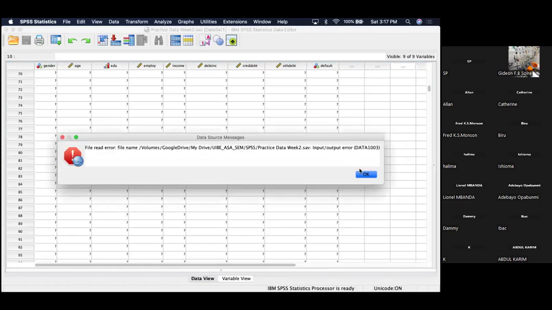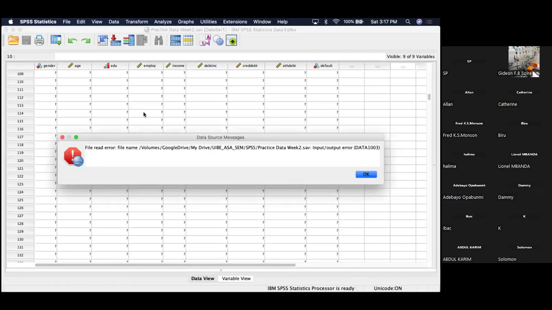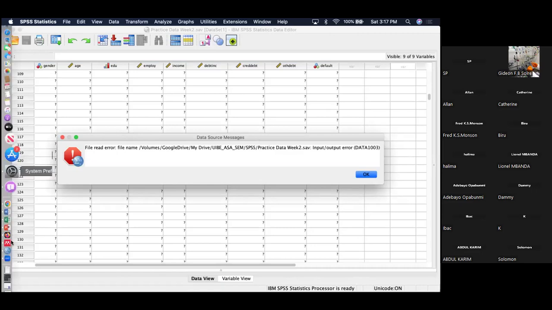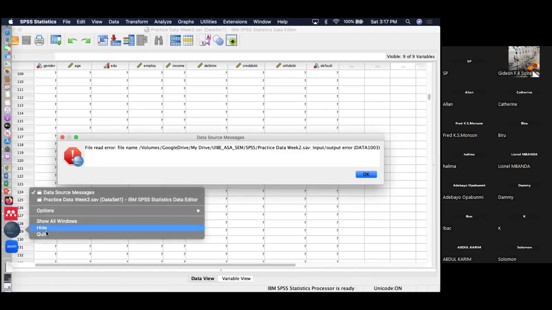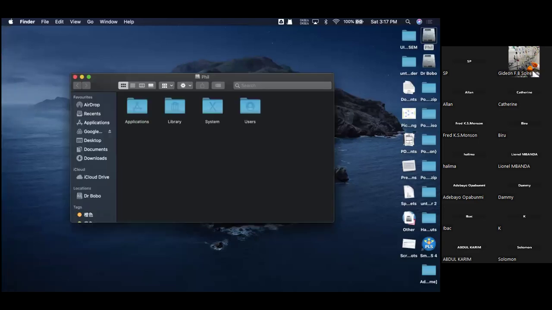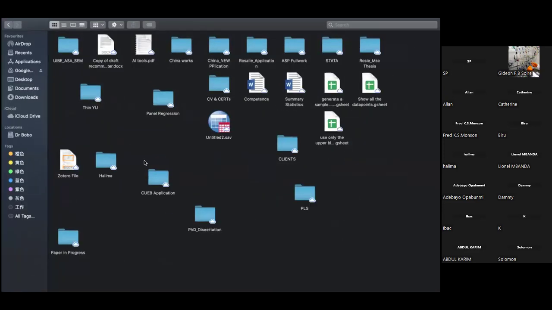Please let me close this and launch my SPSS again. I don't know why it's giving me this error. Open the data set. Where is that?